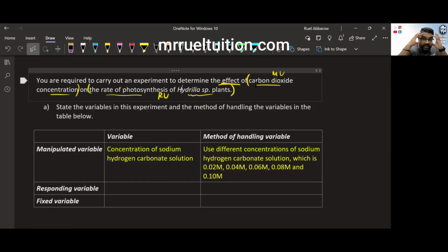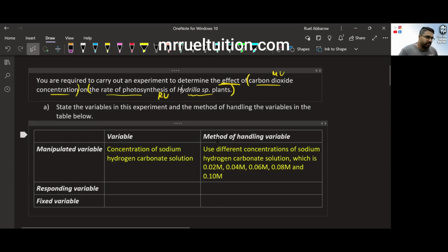Okay? We can actually see it. So we are going to assume that the rate of the release of the gas bubbles is proportional to the rate of photosynthesis. The rate of gas bubbles release is directly proportional to the rate of photosynthesis. So this is what we are going to use to measure the rate of photosynthesis in this experiment practically.